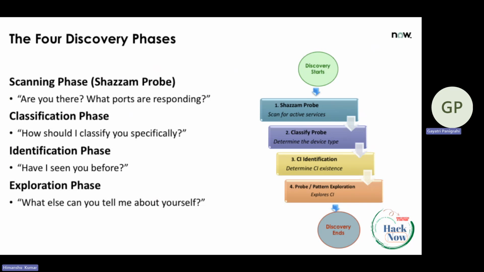Where that Apache is going to be connected next, like the Apache is connected to the database. You have to send me that data also, so that the information helps me whenever I need to create a service map, right? So that's the exploration phase, where we understand more about that machine.